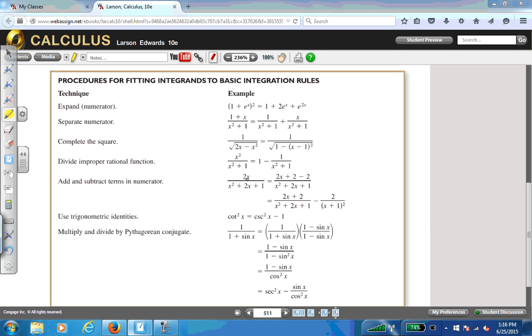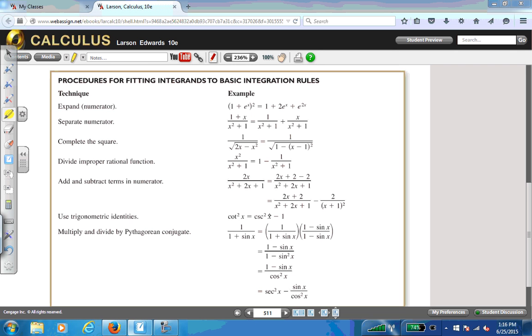Well, we've got a 2x, but we need a 2, so we can add 2, but we would also have to take it away. So if we take the first 2 and put it over our denominator, the last one put over our denominator, gives us something that will integrate. And we looked at one example back in chapter 5 of adding something and taking it away. One of our homework problems dealt with that.